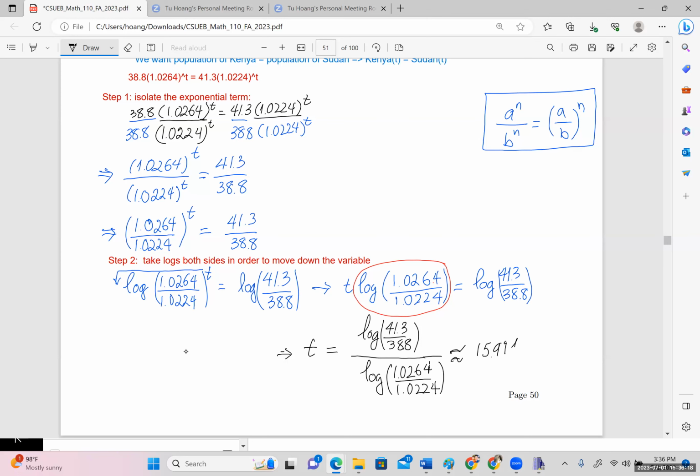So you can round it to the nearest year. I'm going to say 16 years.